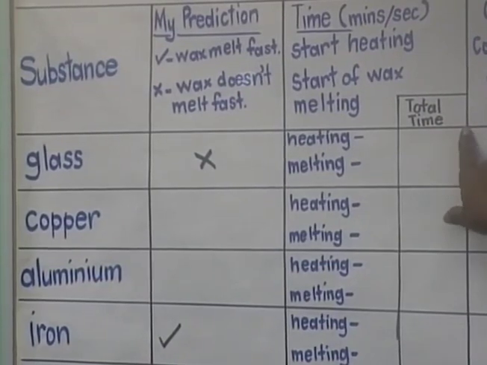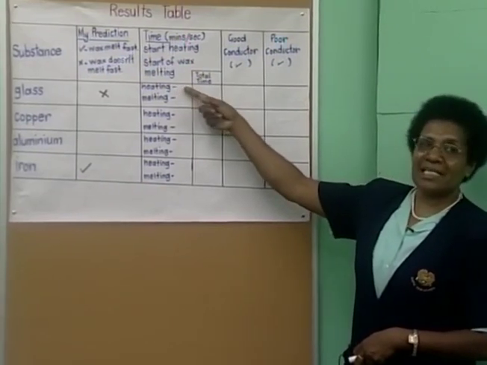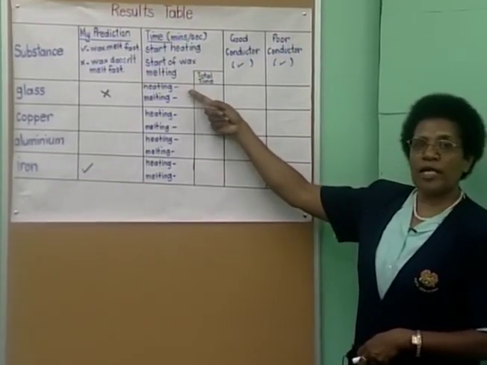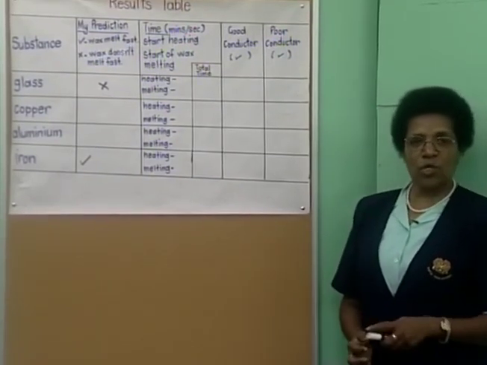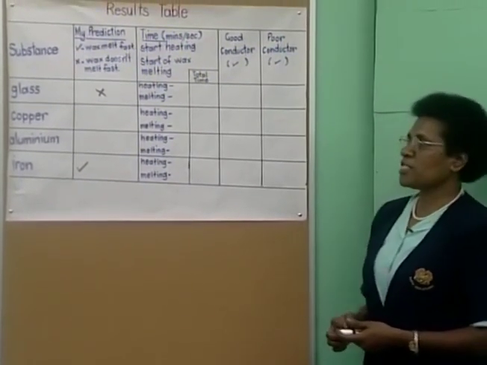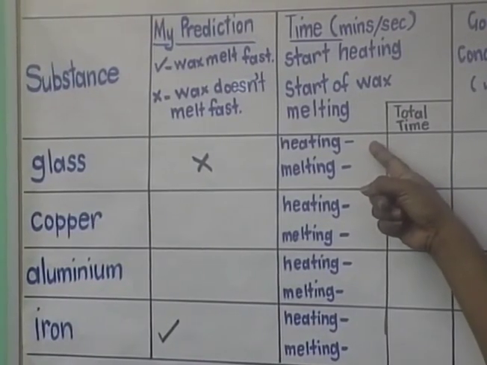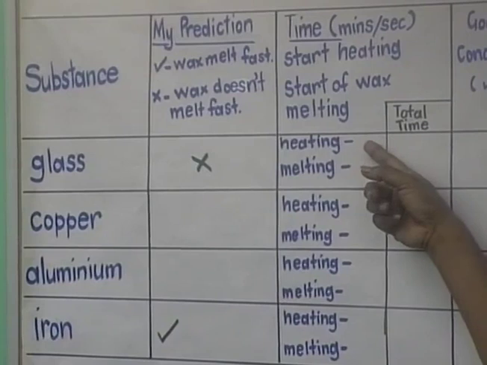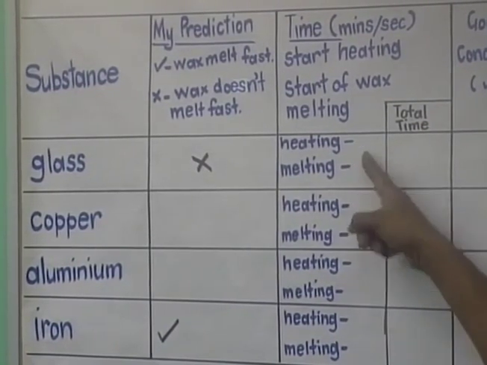Now, when you start heating, you are going to time yourself. You look at the clock to see what time you start heating that substance, whether it's copper, glass, or iron. You record that time.